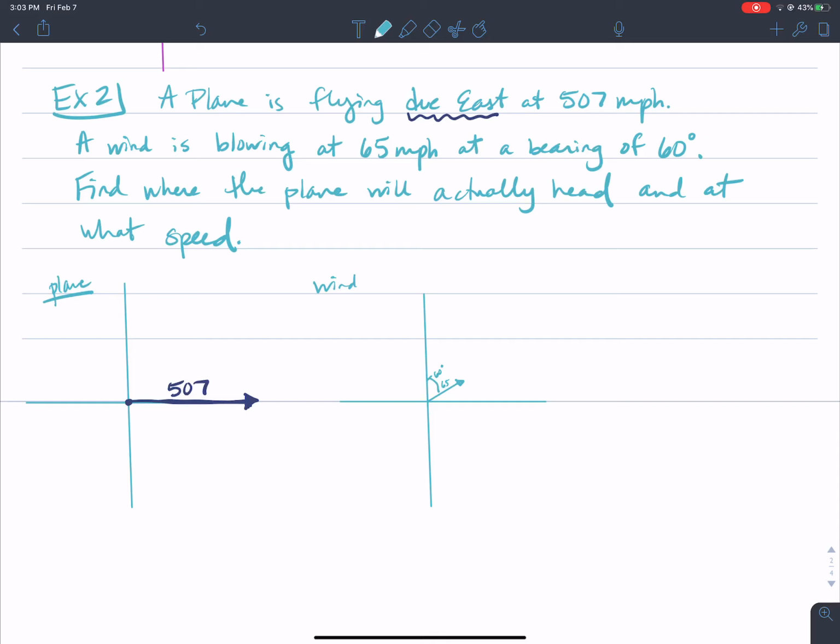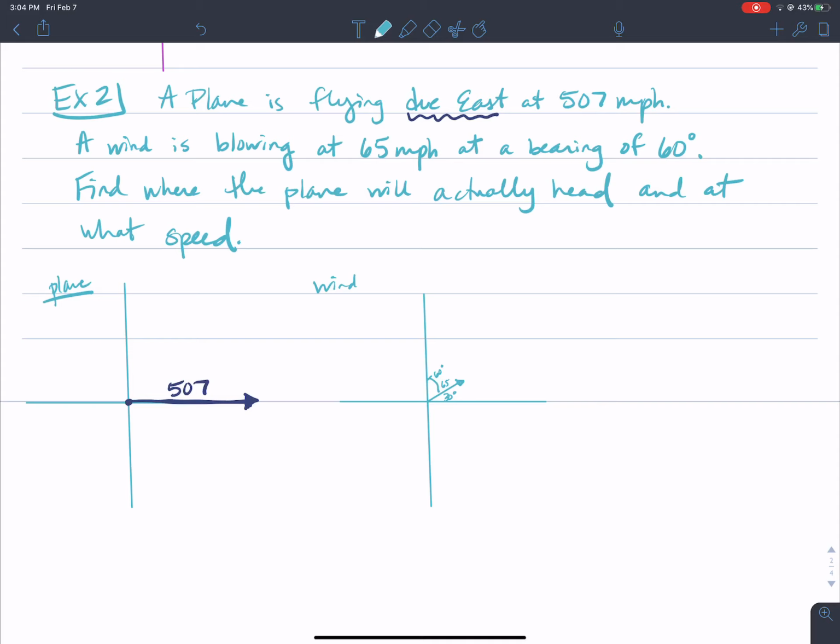That means right here this angle's 30. Sorry, that got a little crowded in there. So we want to know the resultant of these two forces acting together. This is where we do some mathematics like we did on the first day. We want to add these two forces together and see what the actual path of the airplane is going to be. Find where the plane will actually head and at what speed.